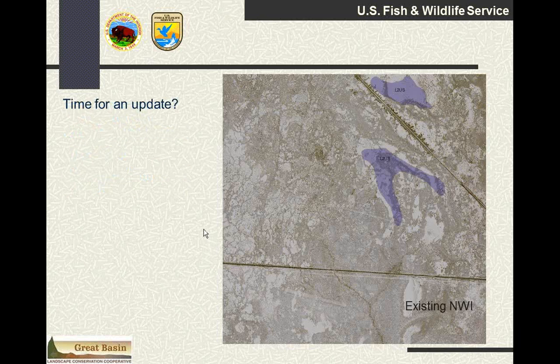This is an example of the existing NWI for the area, where in the past somebody had pulled out the larger playas and dry lakes, and you can see that it's obvious that this data is inadequate for purposes of looking at fairy shrimp or some other purpose that you can imagine for looking at the playas.